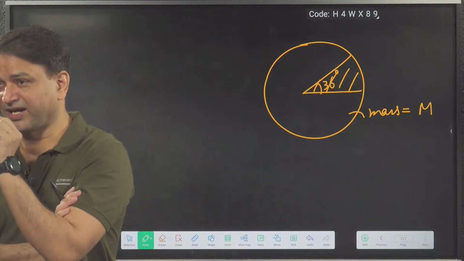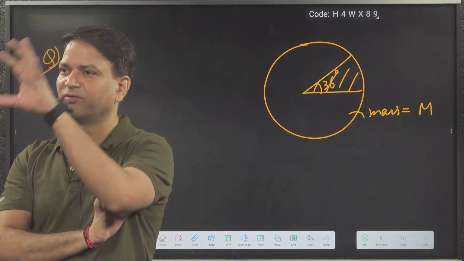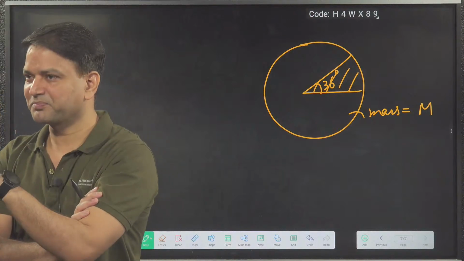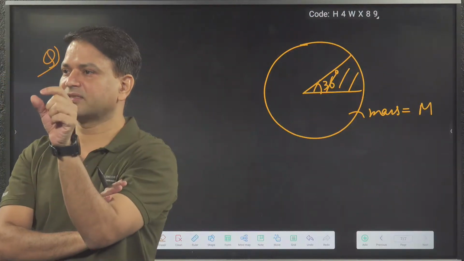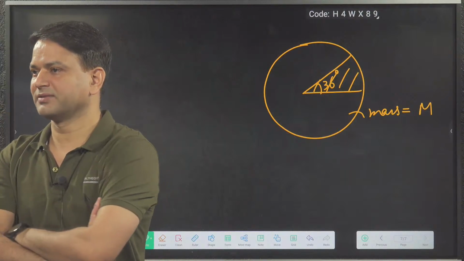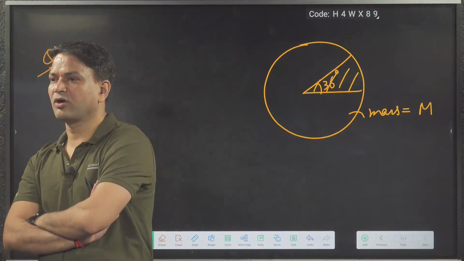That slice is making an angle of 36 degree. I have one complete pizza, and the pizza mass is M. Now I am cutting the slice that is making an angle of 36 degree. So what is the mass of that slice?